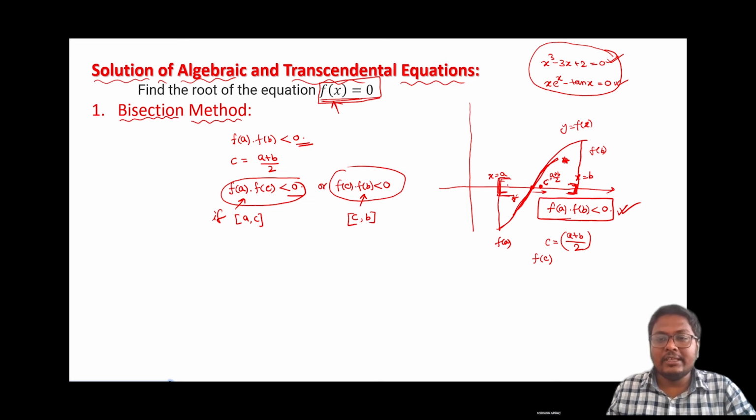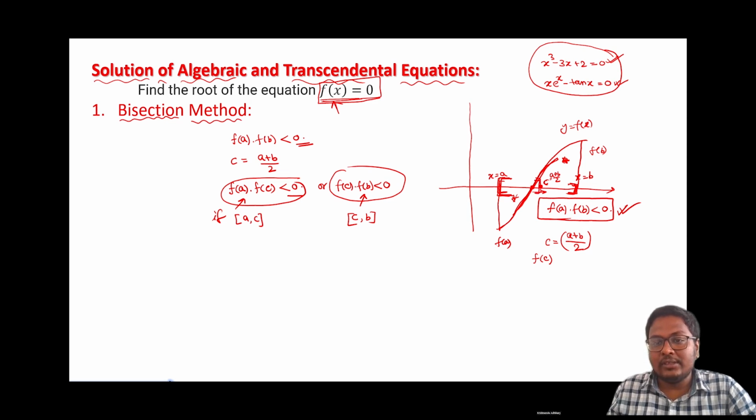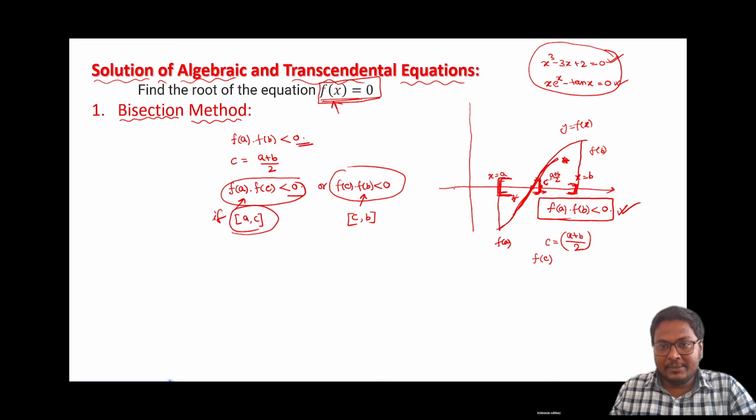Now here you can see that your interval is decreasing. In this picture, your interval is a to c. After that, again we divide the interval into two parts, and again we check whether f of a into f of d is less than 0, or f of d into f of c is less than 0.